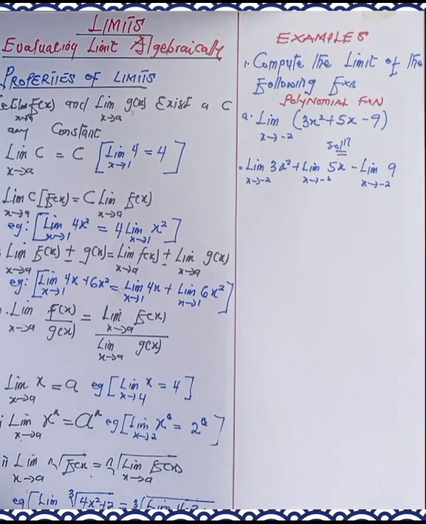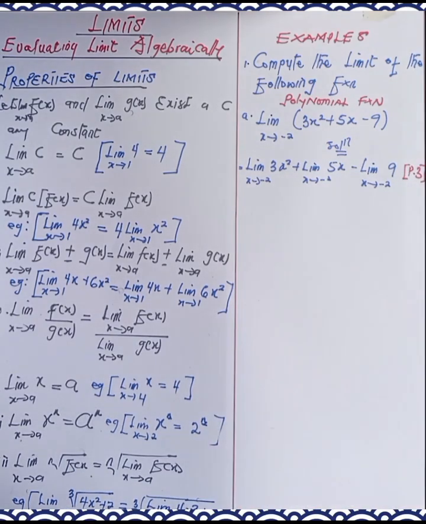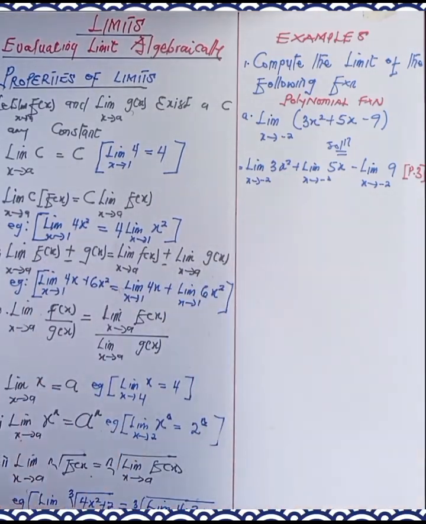And this is what? Property 3, which is this one. The limit of a sum or difference is equal to the sum or difference of the limits.